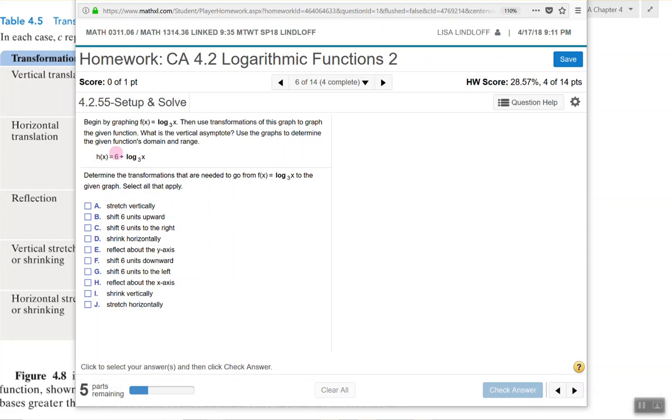This one, because it has a +6 on the outside, I know you're used to seeing it over here, but it's okay for it to be over here. It's going to go up 6.